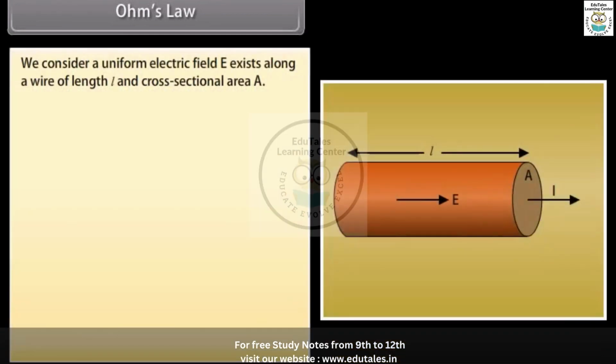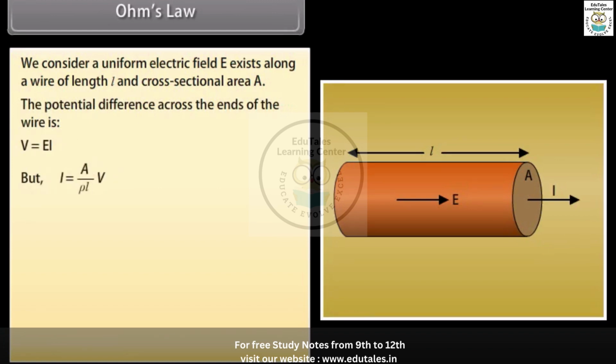We consider a uniform electric field E existing along a wire of length L and cross-sectional area A. The potential difference across the ends of the wire is given by V equals EL, but I is equal to A upon rho L multiplied by V, where rho is the resistivity of the material.